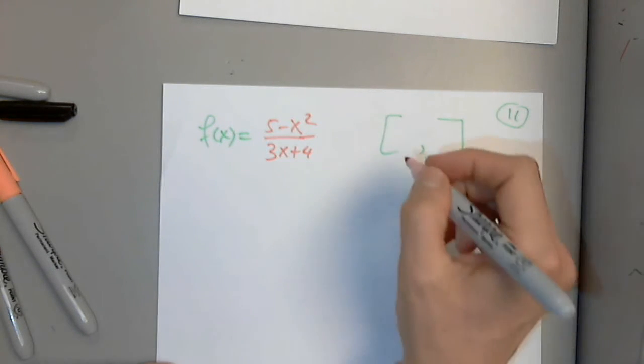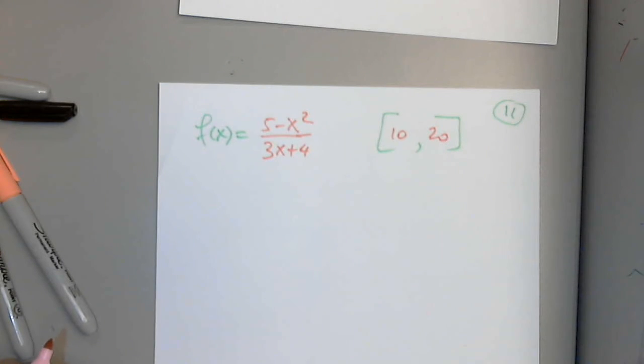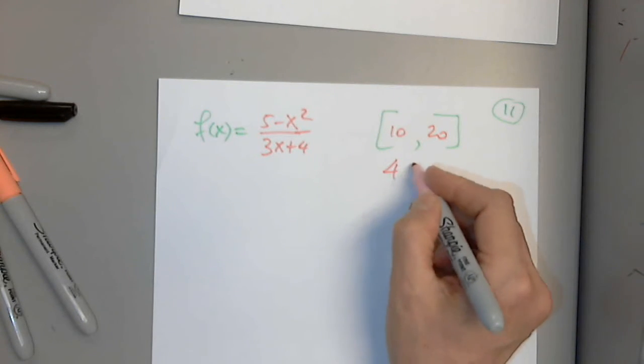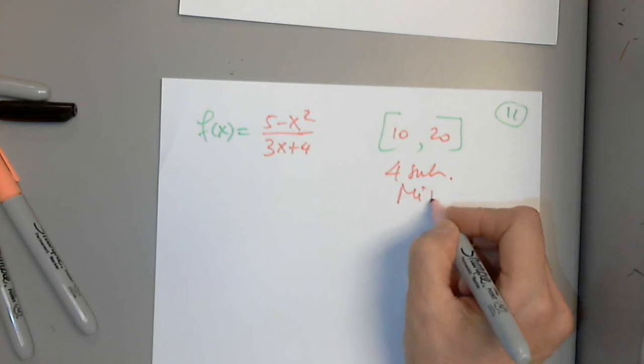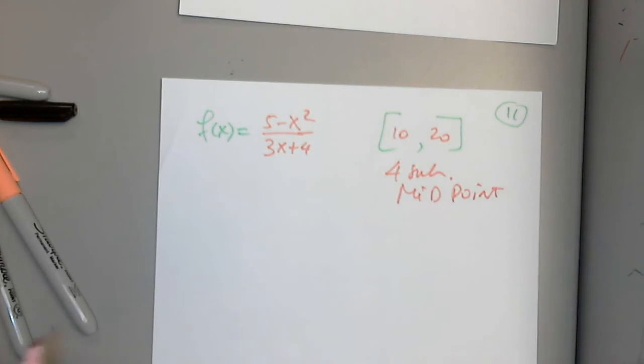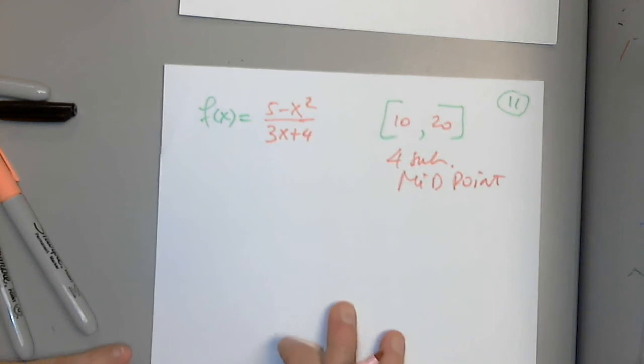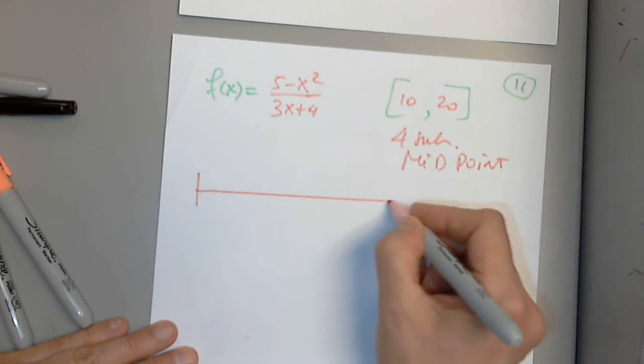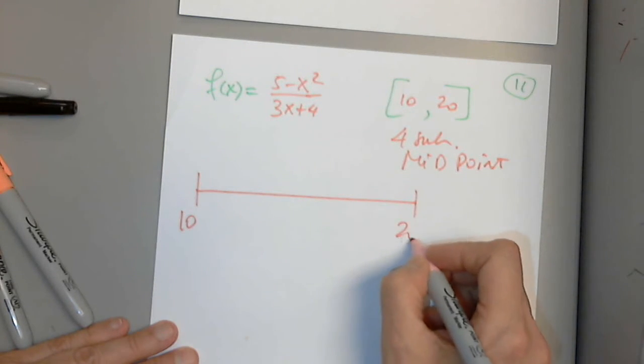And let's say between 10 and 20 with 4 subintervals with a midpoint. So first let's divvy up the interval between 10 and 20.